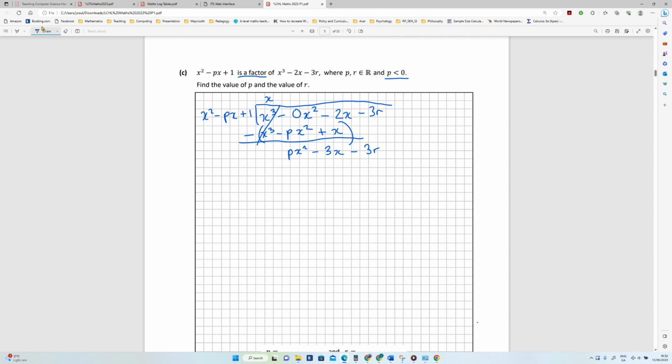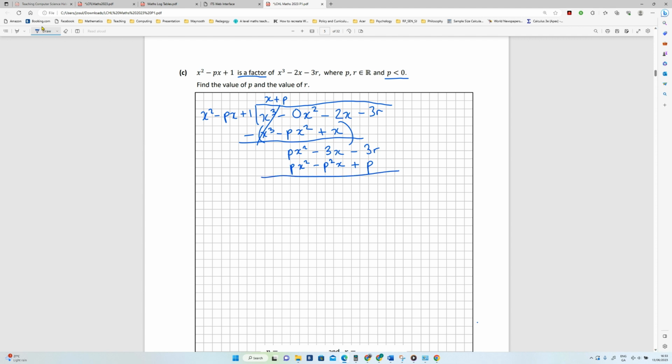What do I multiply px squared by to get px? Well, it's just plus p. So p by x squared is px squared. P by minus px is minus p squared x. And p by 1 is plus p.